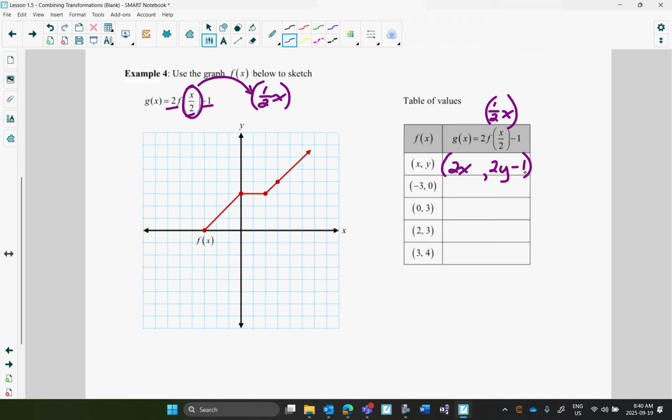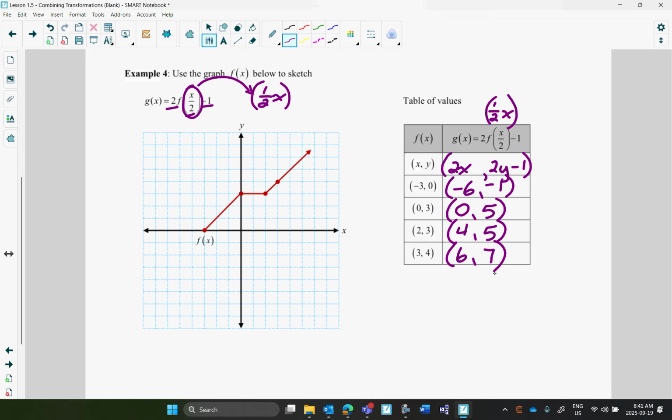And now calculate each new point. Plot them and then graph. So we get -6, -1. We get 0, 5, 4, 5, 6, 7.